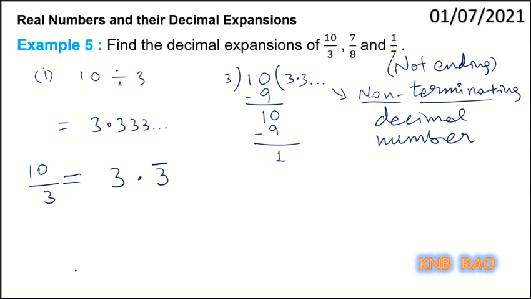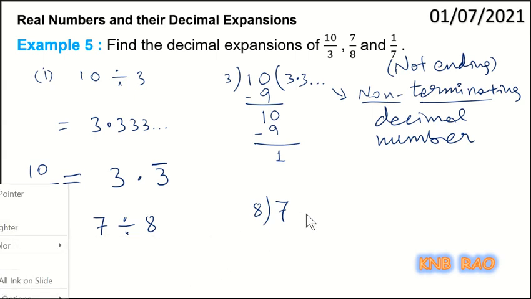Okay. Now, coming to the second one, 7 divided by 8. Here, when we go for division of 7 by 8, 7 is smaller than 8. What should I do? I compulsorily need to take a decimal point, starting by taking 0.